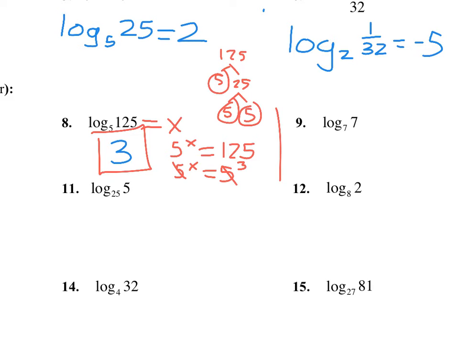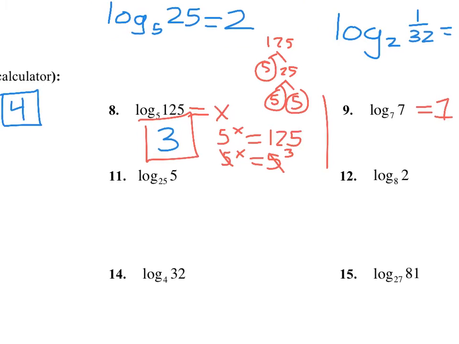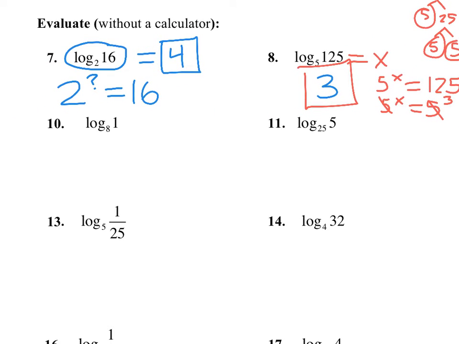Okay, for number 9, what exponent turns 7 into 7? Well, that's 1, because 7 to the first power is 7. Okay, let's try that other method with number 10. Let's pretend we don't know the answer. Rearrange it. So 8 to the power of x equals 1.